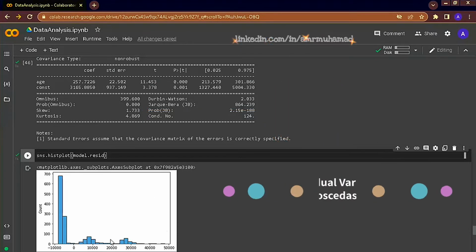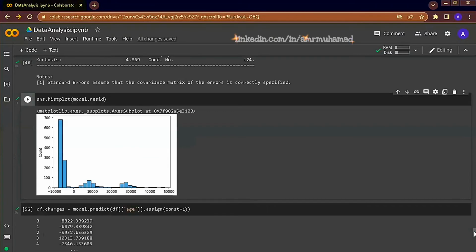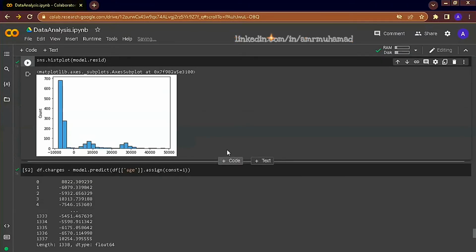Another assumption of a linear model is that variance is homoscedastic, and homoscedastic is a fancy word for equal variance. What does equal variance mean? It simply means that the predictions need to be equally distributed across the fitted line. If you want to assess the homoscedasticity assumption using a visual method, we can regress the predicted value against the actual value and observe how these values differ across the line.